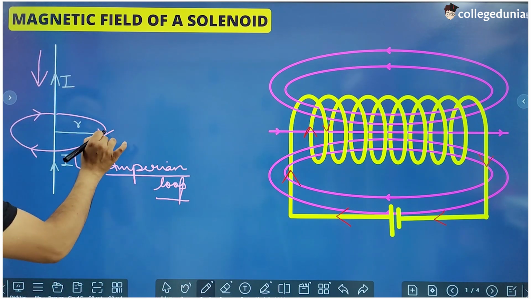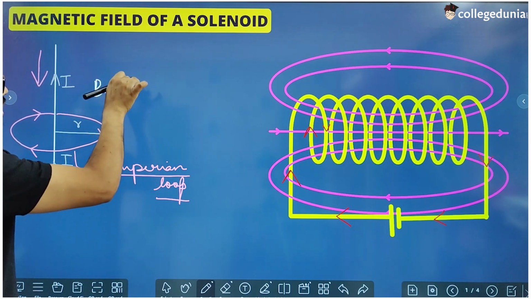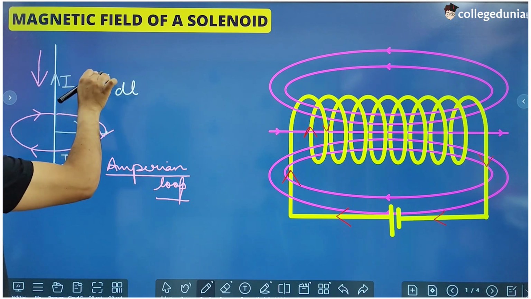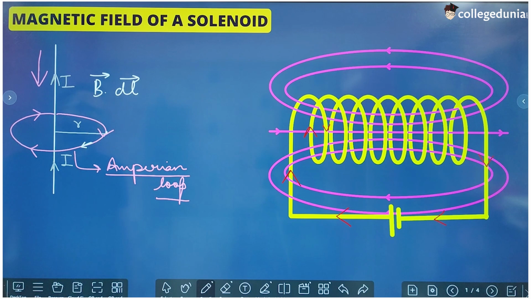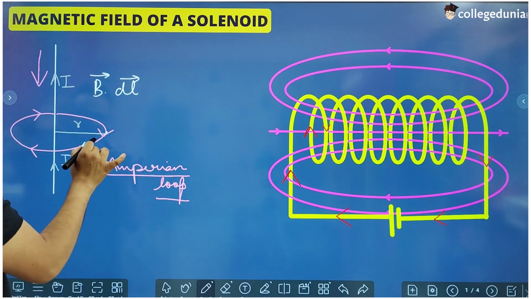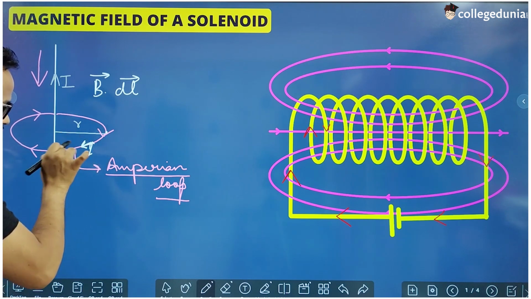The magnetic field at this particular point is B dot dl. dl is any small part on this loop, and we are going to take the dot product of B and dl, that is B dl cos theta, where theta will be the angle between this dl and B. Suppose at this point B is in this direction, so this is the angle.